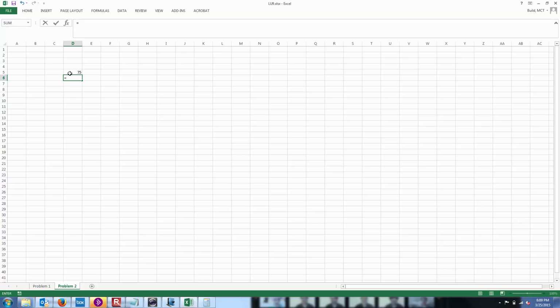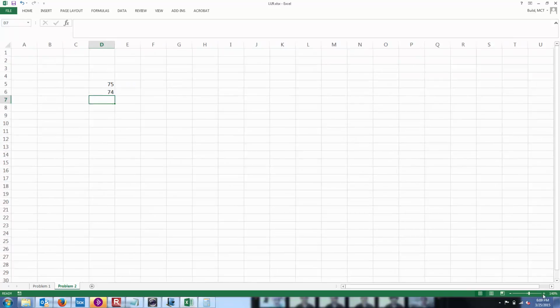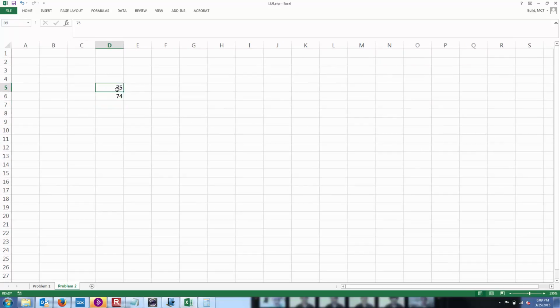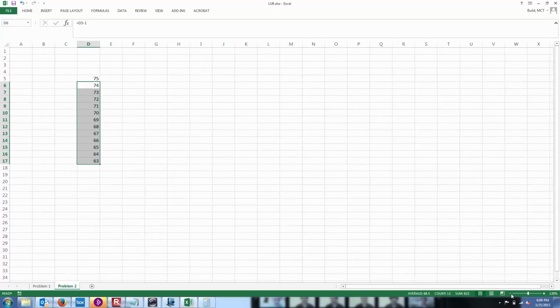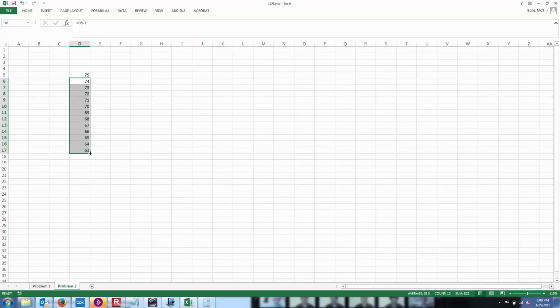The easiest way to work this in Excel to make this column is just say equals D4 minus 1. All I did was type in 75, and down here I clicked on D5 and said minus 1. So if I take that now and drag it, I get down to 63, and I'm just going to keep going. There, I luckily hit 50.